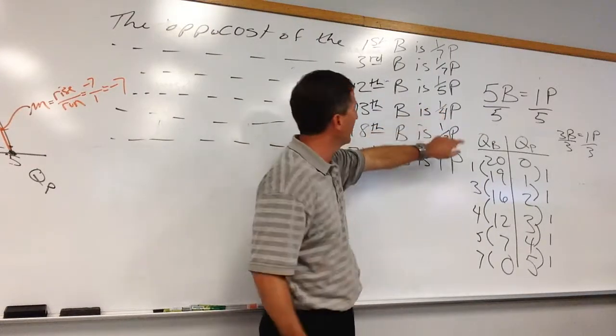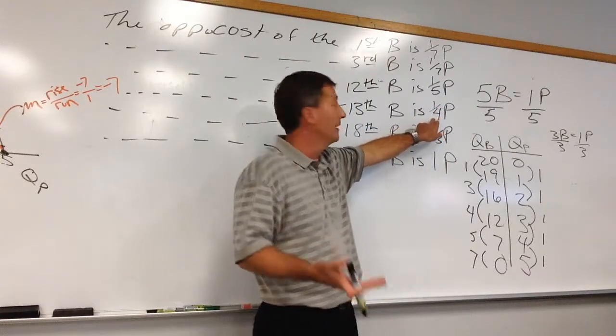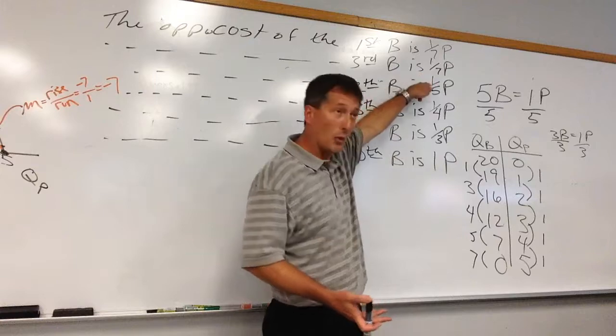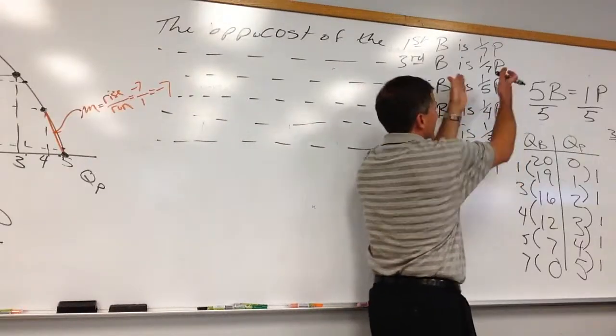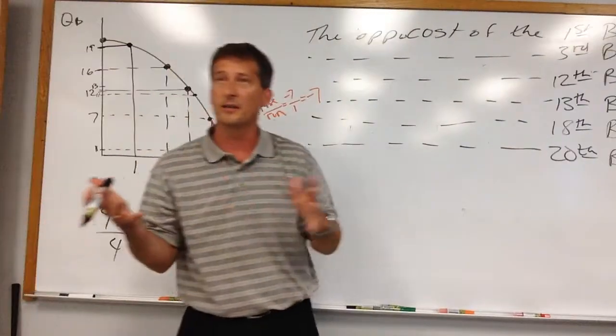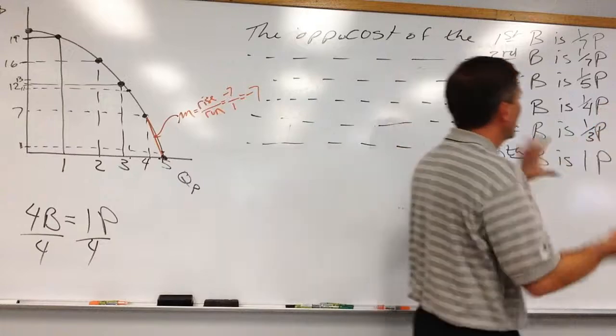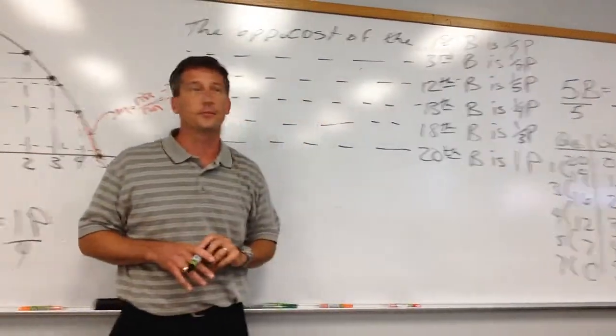What's 1 divided by 4? It's 0.25, 0.33, 0.2. So it is increasing, 20 cents, 25 cents, 33 cents, all the way up to $1. We've got the same thing going on with both goods. The opportunity cost is increasing as we produce more and more of that good.